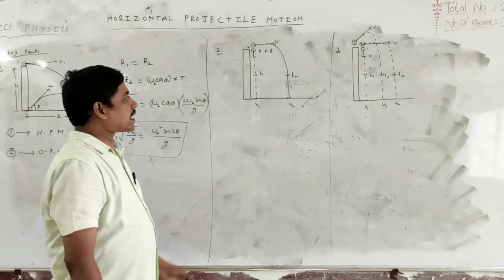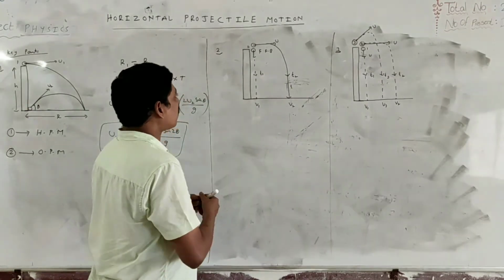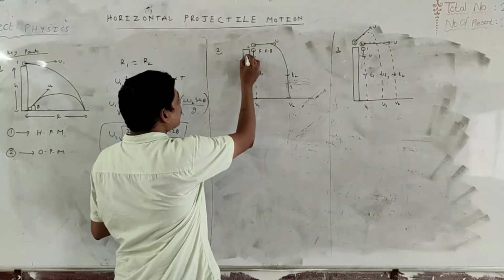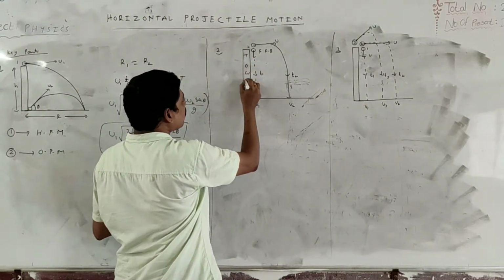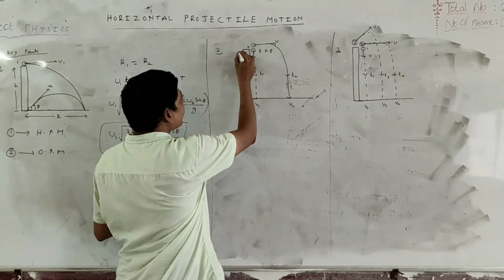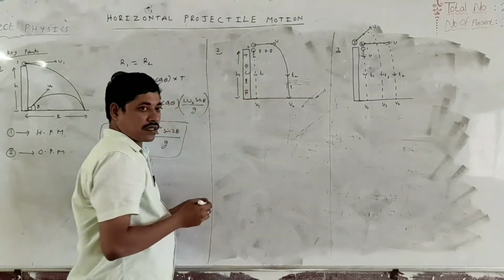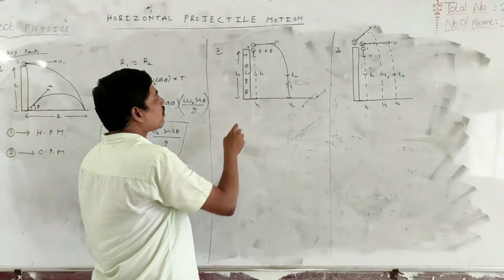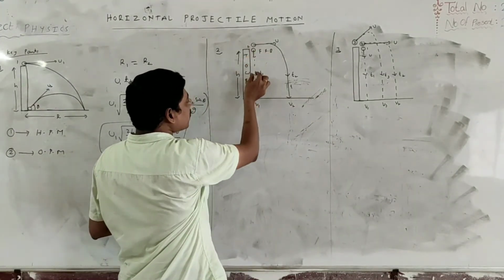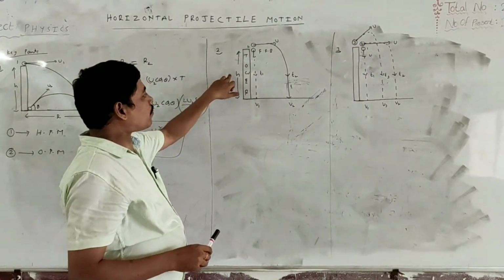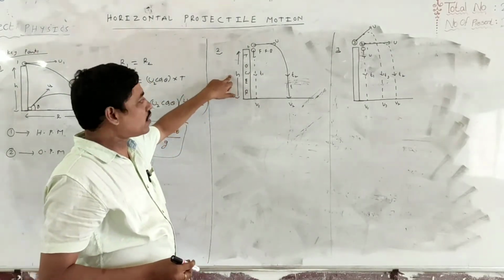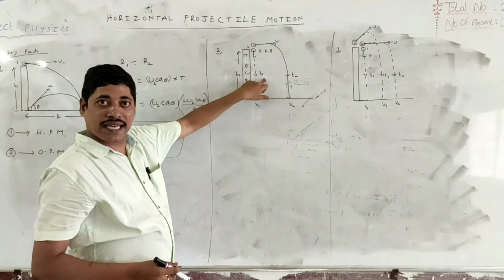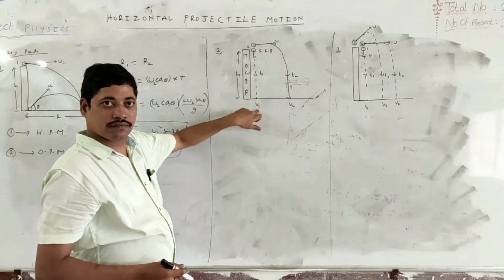Now the second one, from the top of the tower at a height h, we discuss two bodies. The first body is a freely falling body from the top of the tower at a height h, reaching the ground in a time t1 with striking velocity v1.